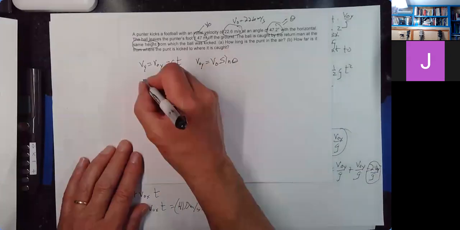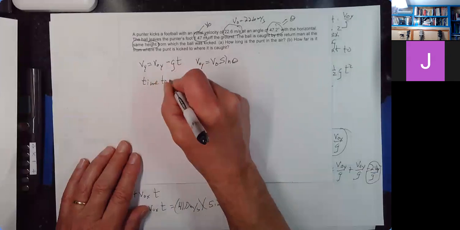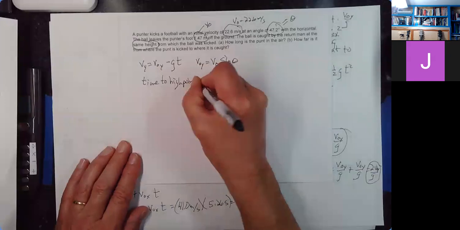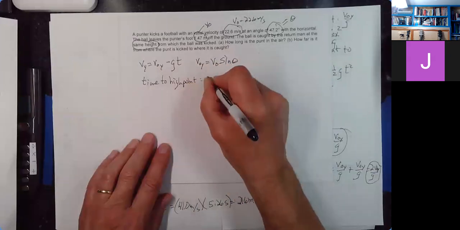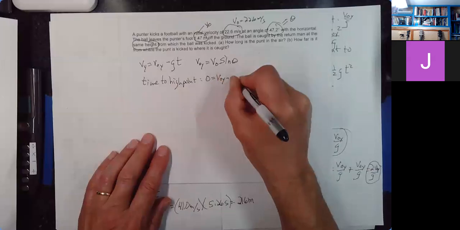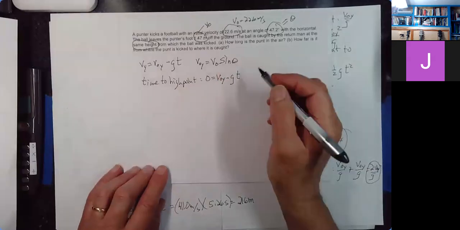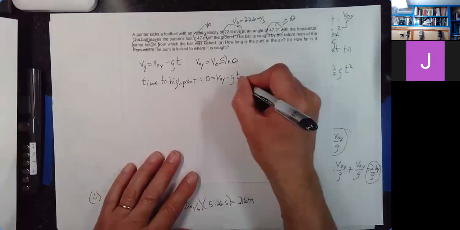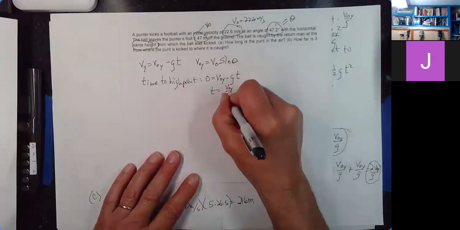So time to high point is, I figured that out from 0 equals V naught y minus gt. And let's see, when I solve that, I get that t is equal to V naught y over g.